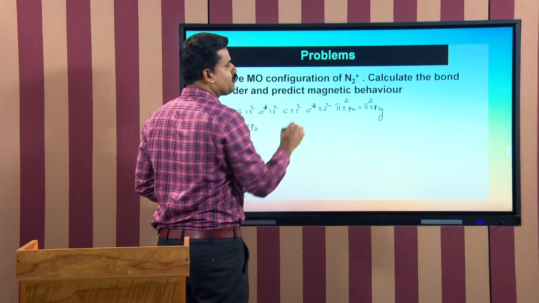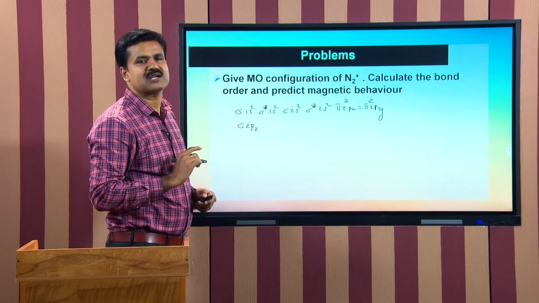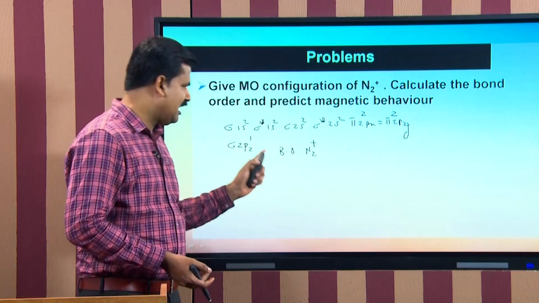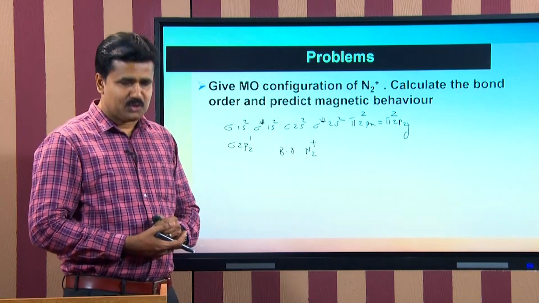But we have N2 plus. N2 plus lacks 1 electron compared to nitrogen, so here there is only 1 electron. Now we have to calculate the bond order of N2 plus.